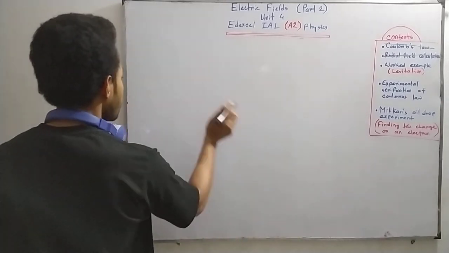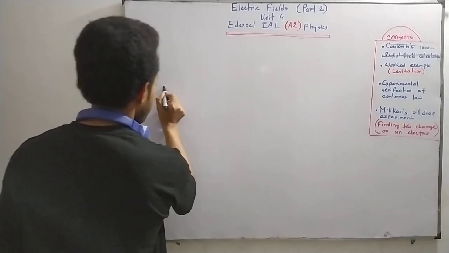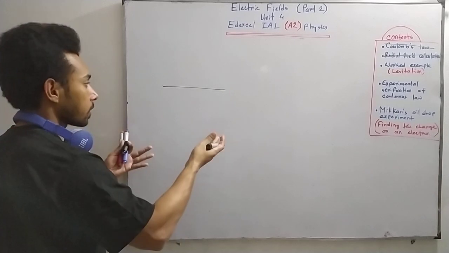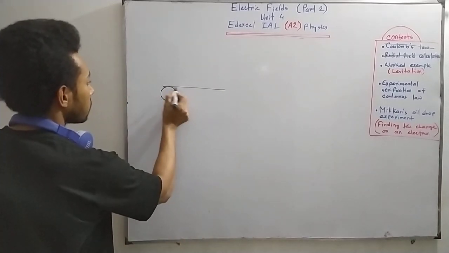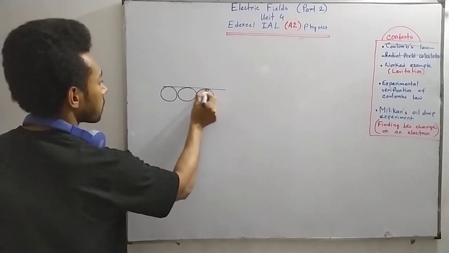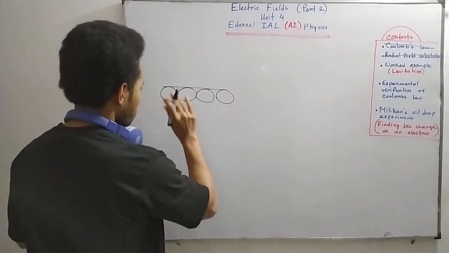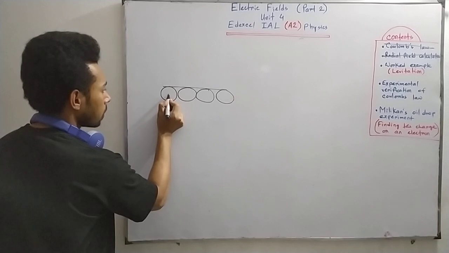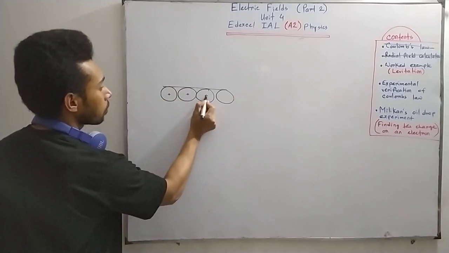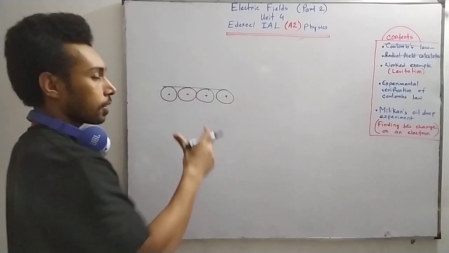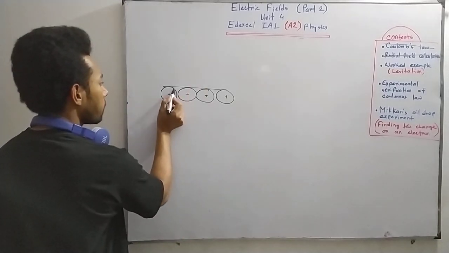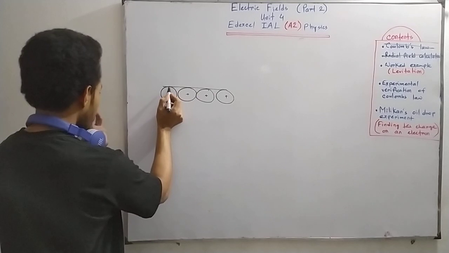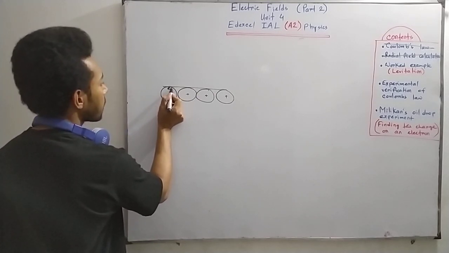Suppose this is the surface of the floor, and the surface must be made of atoms like this, and the center of the atom is positively charged, which is the nucleus, and electrons are orbiting around the nucleus. So the outer part of the atoms will contain electrons.